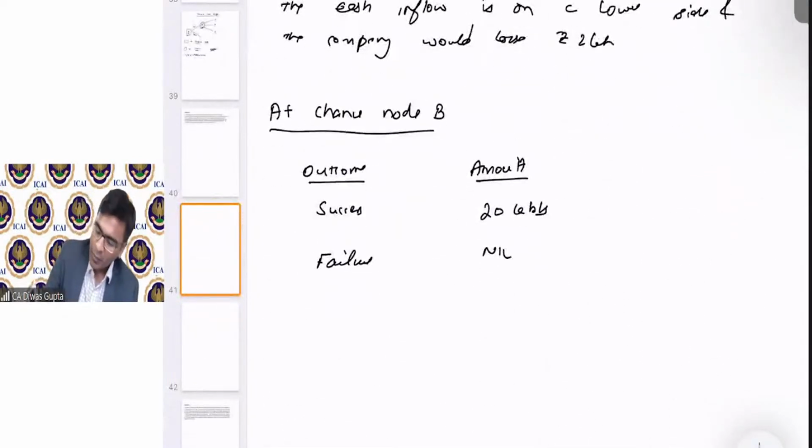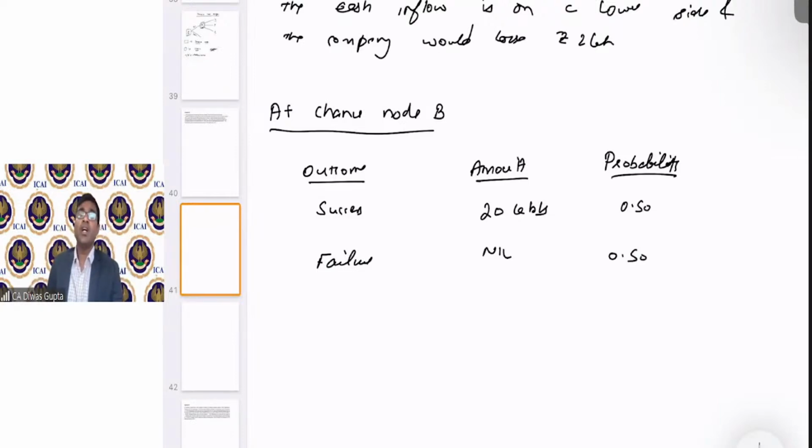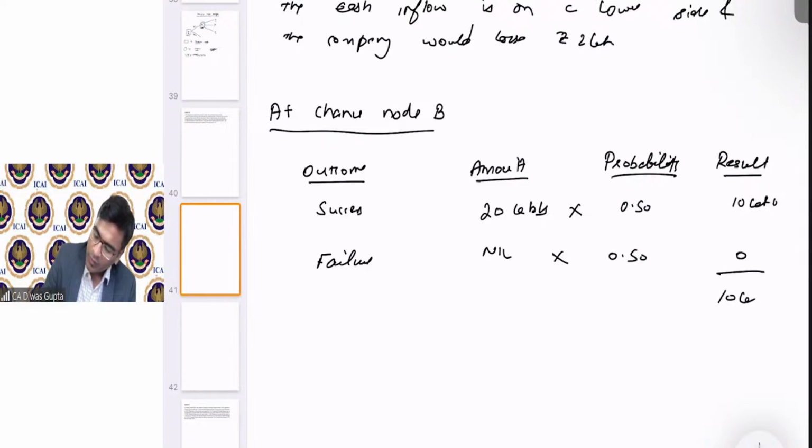This is nil. Probability is 50-50%, correct? For the purposes of B chance node. So the result will be, multiply this, simply 10 lakhs and 0. 10 lakhs.